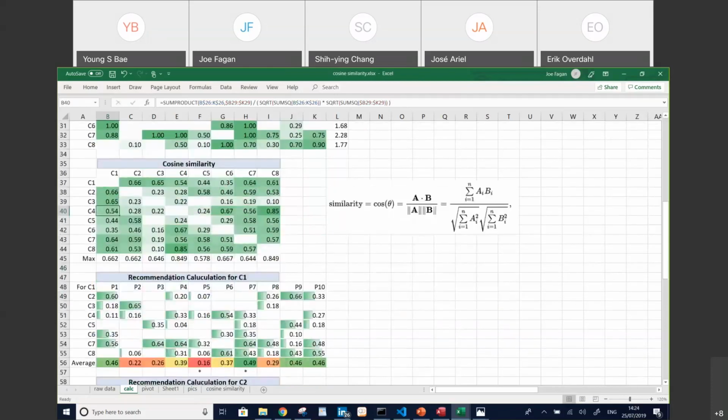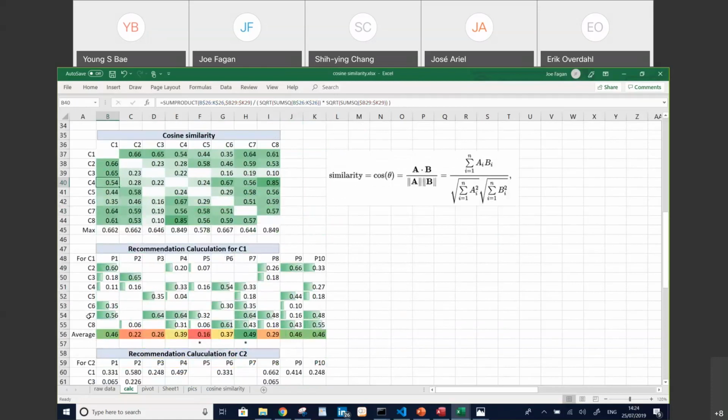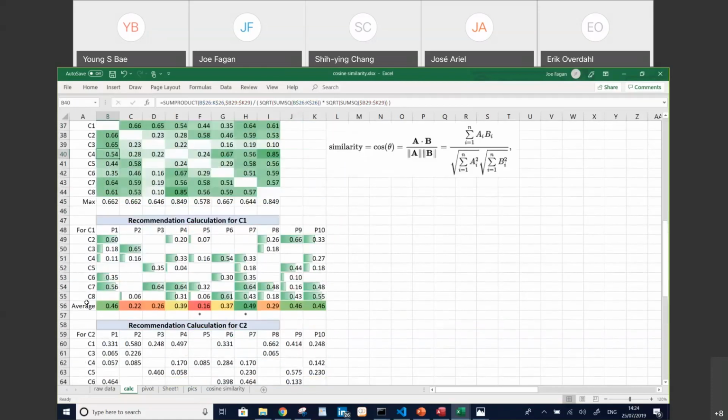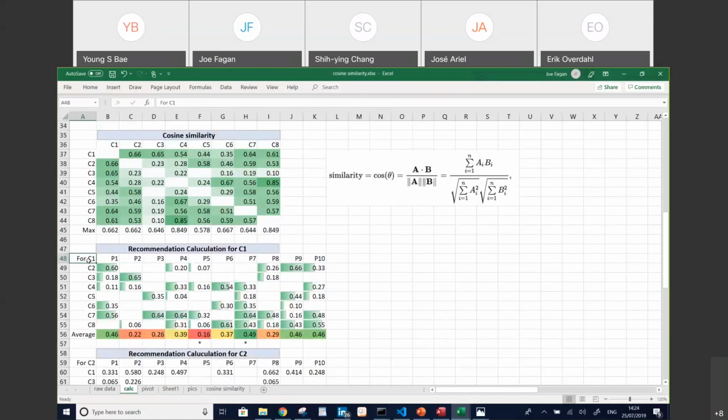And then for the recommendation, the question I was asking is, what recommendation will I make for C1? Let's ignore what C4 thinks for a second. For customer 1, what do we need to do?